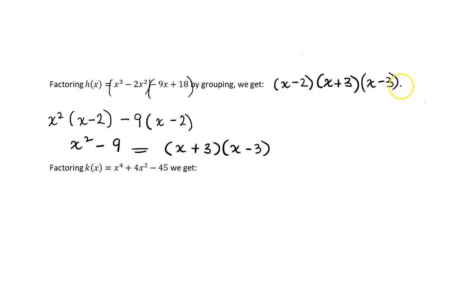Now, what happens if we have something bigger than that, or if it's set up so that we have this quasi-quadratic thing? When I say that, I mean the exponent on this one is twice this one, and it only has 3 terms.